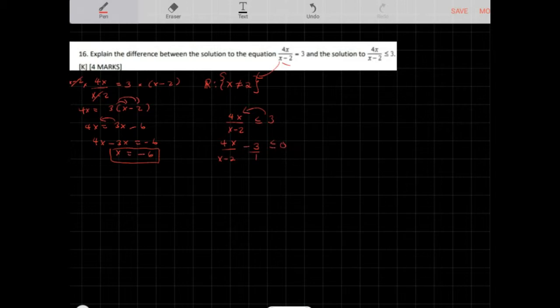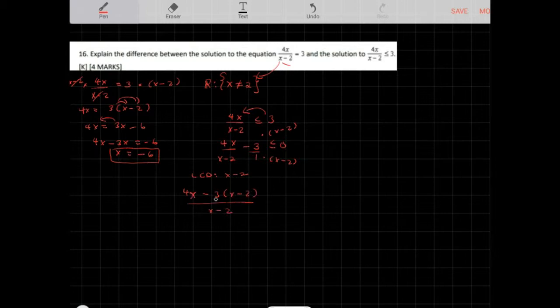Now what you want to do here is simplify this, and the way you can do this, I'm going to make sure that the lowest common denominator here is x minus 2, right? So I'm going to multiply the 3 by x minus 2, and we get 4x minus 3 times x minus 2 over x minus 2.